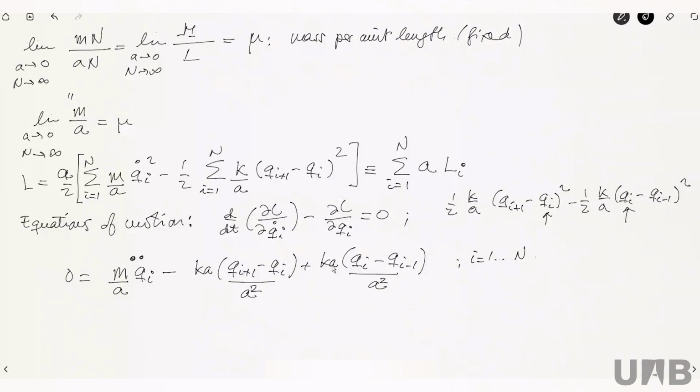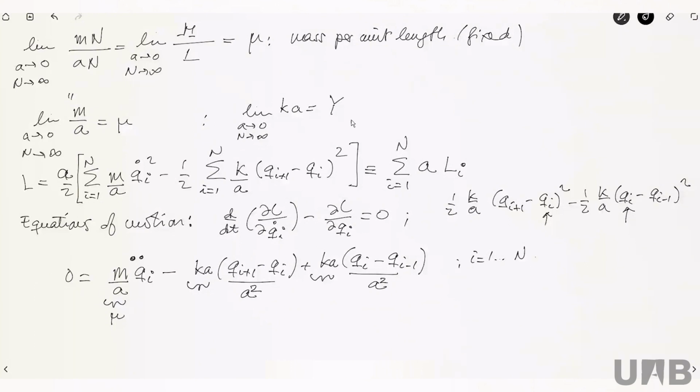Now, this is mu, so I don't have to worry about that. This is already something that is going to be fixed. I'm also going to fix k times a. So the limit when a goes to 0, n goes to infinity of ka is also going to be fixed.